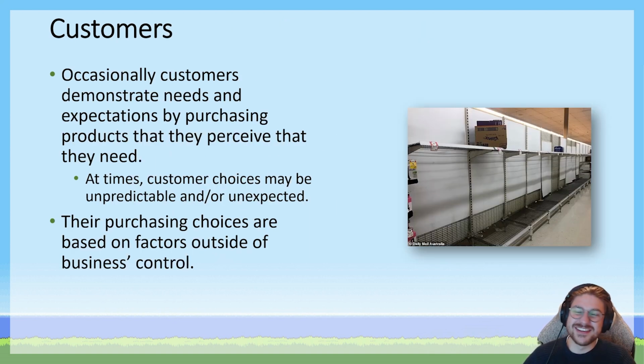Of course, we need to consider that customers are human beings, right? So sometimes situations arise where you're faced with a spike in customer need or customer expectations in an unexpected way. One example we can point to from recent history is the way in which people started panic buying toilet paper at the start of the COVID lockdown period, and supermarkets ran out of toilet paper for a period of weeks.